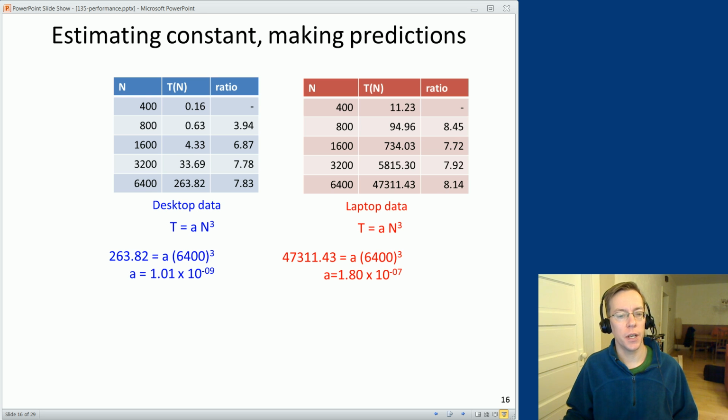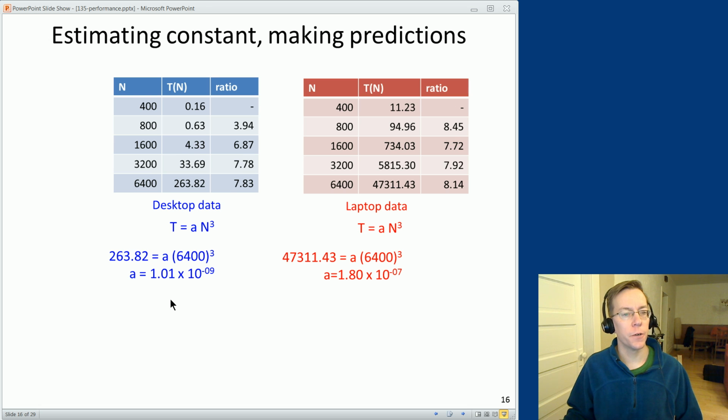The algorithm is still the same, and this one is probably n cubed, and this one's probably n cubed. Now I'm going to estimate the constant. I can plug in a particular time, the time for 6400, into t, which equals a times the problem size 6400, cubed, and then solve for the unknown a.